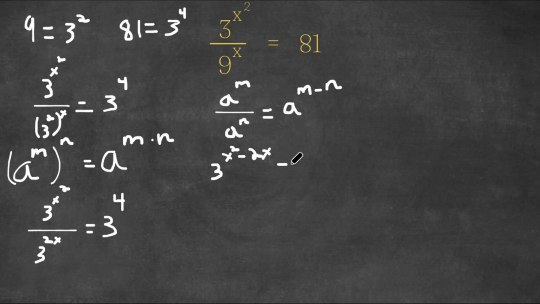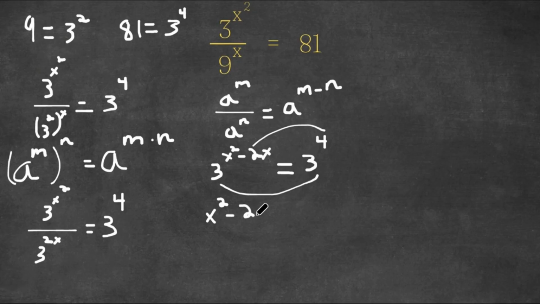And this is still equal to 3 to the power of 4. Now, as you can see, our bases here are the same. And if our bases are the same, then our exponents have to be the same as well, or else this equation would not be true, right? So that means that x squared minus 2x is equal to 4.